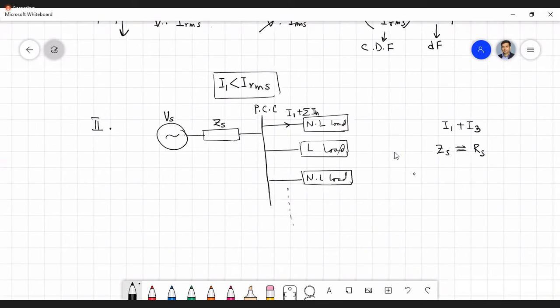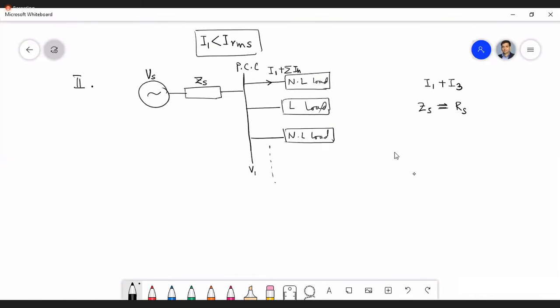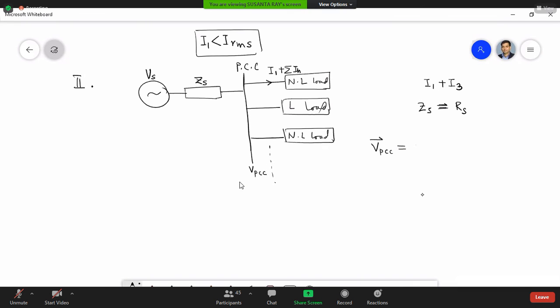So if this is the case, then this VPCC, voltage of point of common coupling, or bus voltage, whatever you call it, what will be the value of that? Can you tell me? Let me take this VPCC as Vs minus the drop. What is the voltage drop for this particular case?